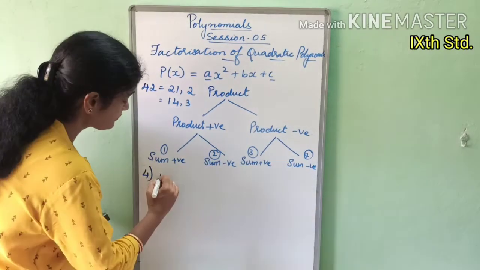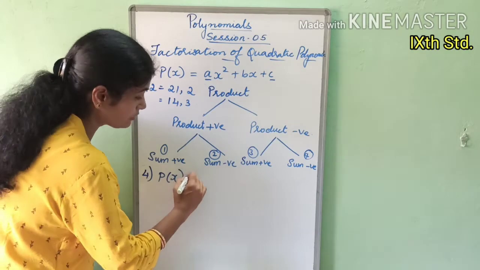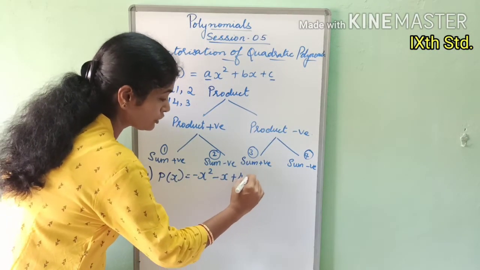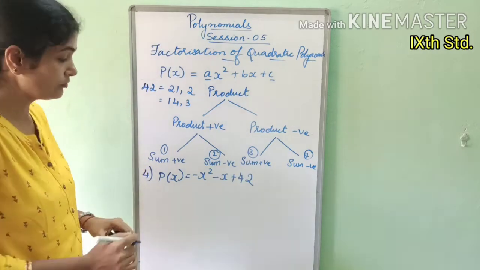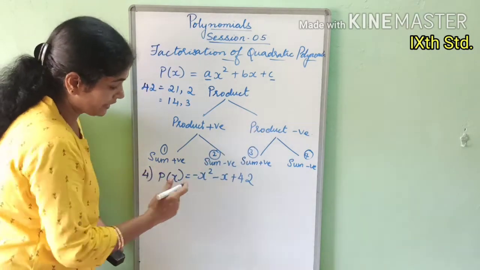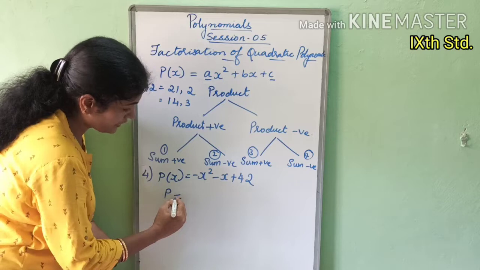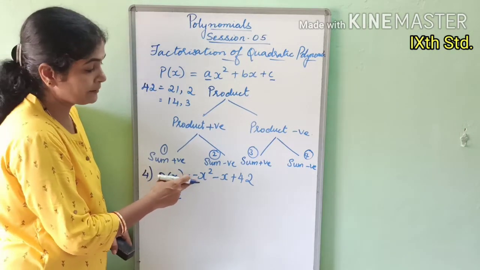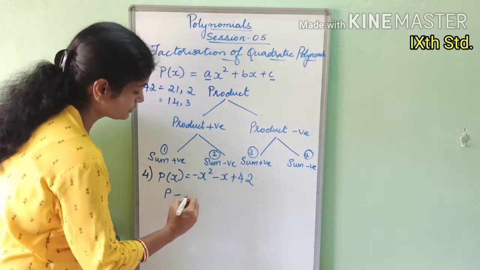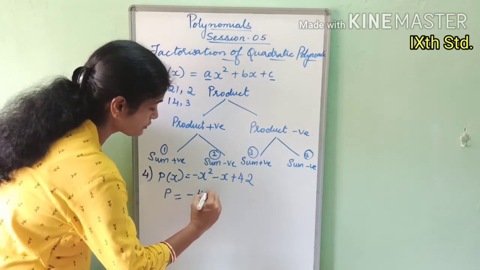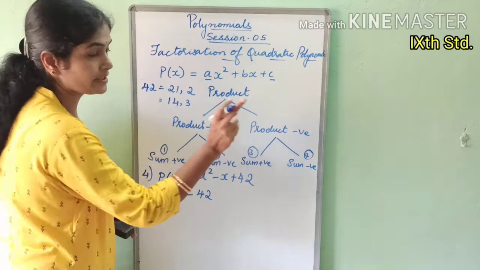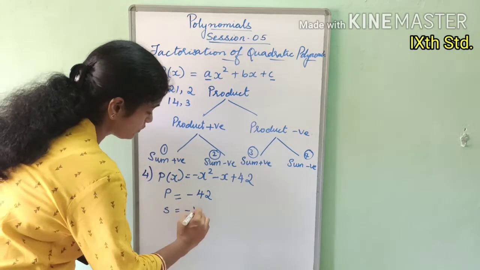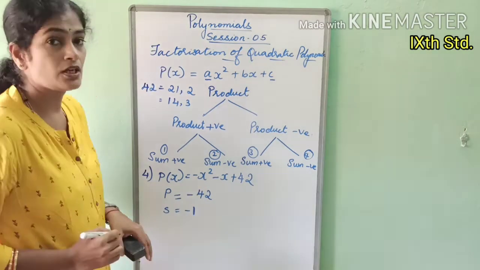For example, p of x is equal to minus x square minus x plus 42. Check whether it is correct. Coefficient of x square is minus 1, into 42, so it is minus 42. Product is negative. Fine. Sum is also negative. Sum is minus 1.